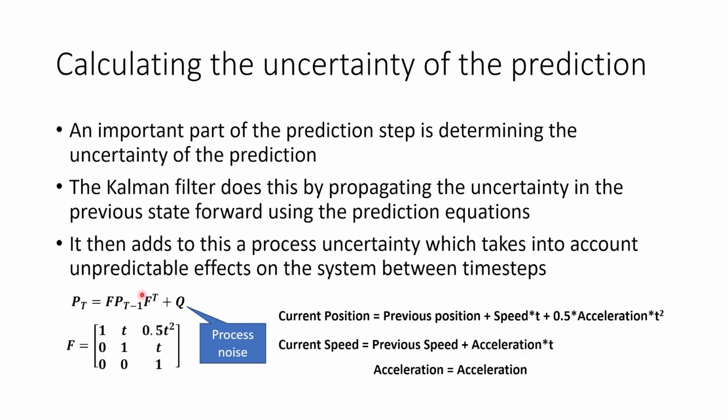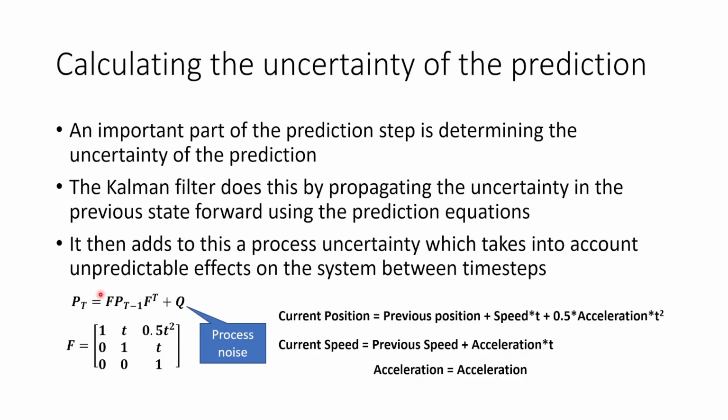We then multiply the uncertainty from our previous time step, P t-1. We pre-multiply by F and we post-multiply by the transpose of F, and that effectively propagates the uncertainty in that previous state forward to the next time step. So whatever our uncertainty was in t-1, we propagate that forward to give us an uncertainty of our prediction. And we add to that uncertainty of the prediction this Q, this process noise, which is due to unpredictable effects.